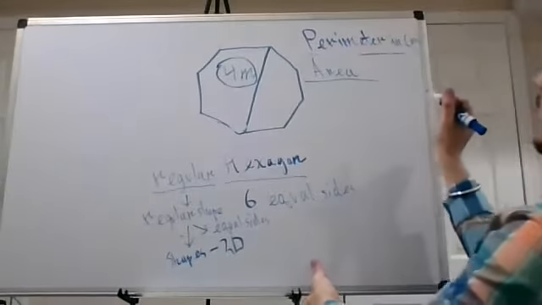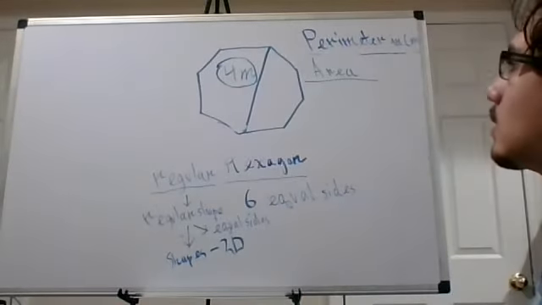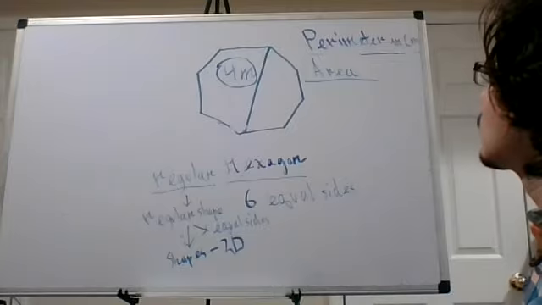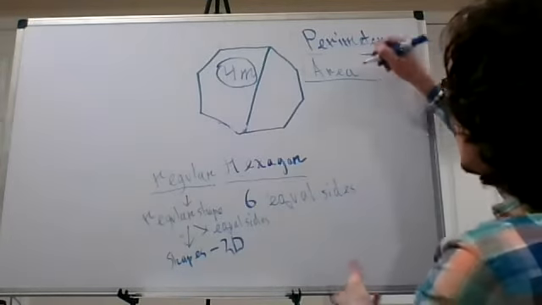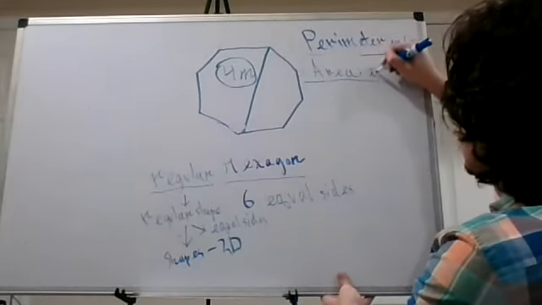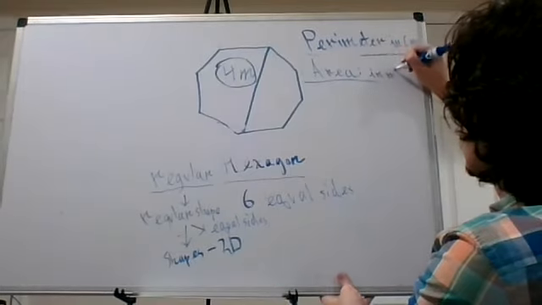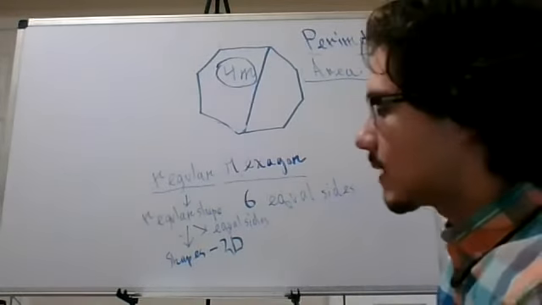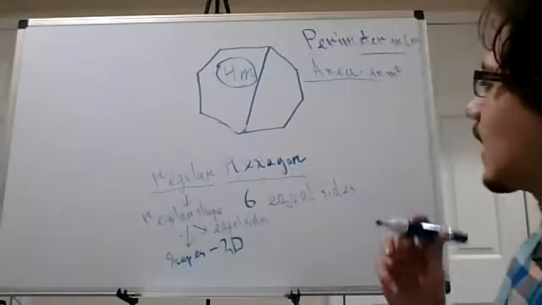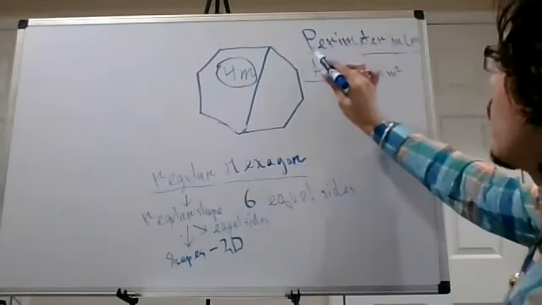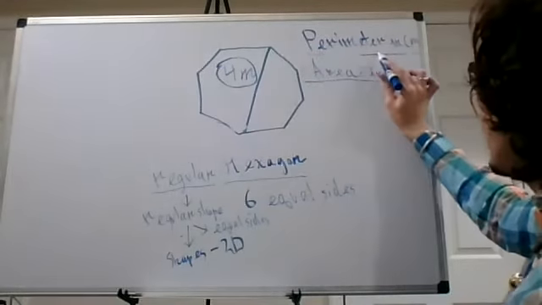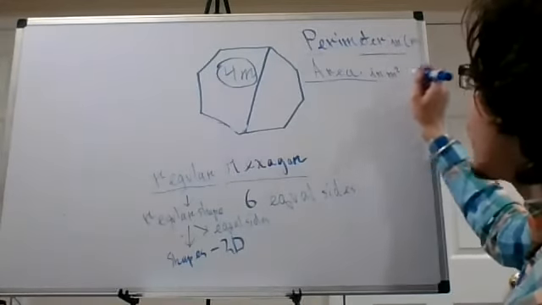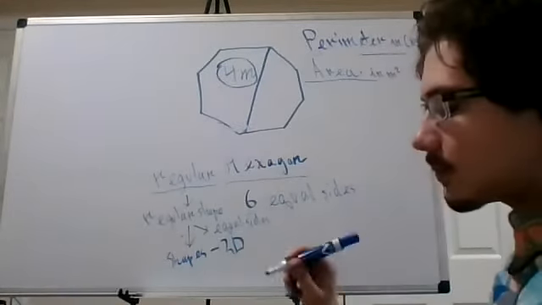Is it readable? I can see perimeter and area, but I can't see the other. Okay, that's perfectly fine. Hold on for a second. So the problem is asking us for perimeter in centimeters and area in meters squared.